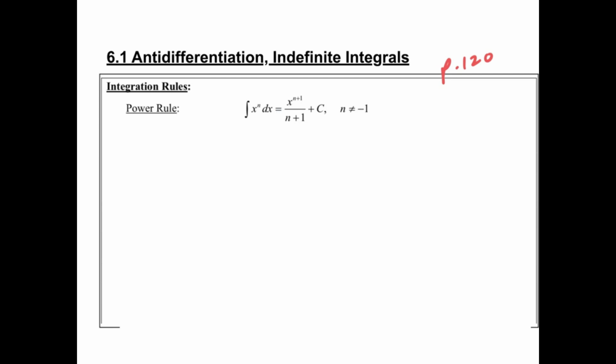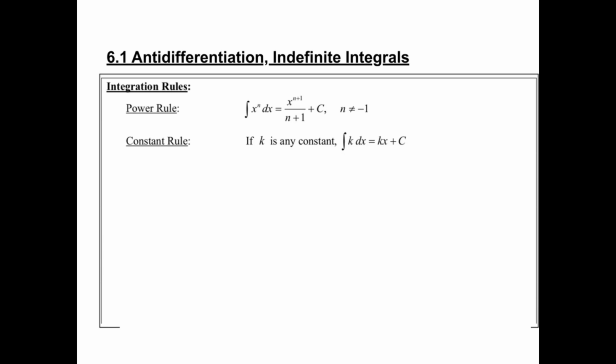I'm going to fly through these now, okay? The constant rule: the integral of a constant is just the constant times x. Don't forget the c, because there's always an additional constant that you have to tack on when you are finding an integral. That has to do with shifting on a graph, that we talked about in chapter 5, a vertical shift.